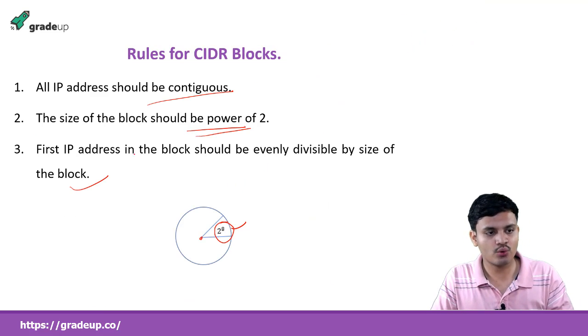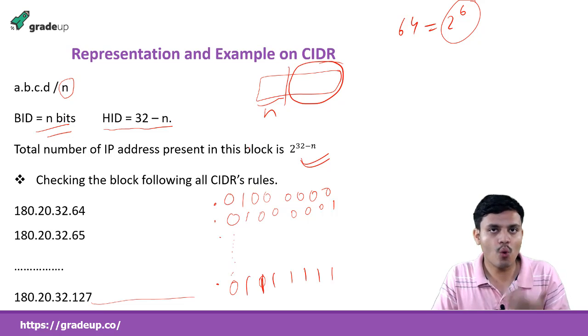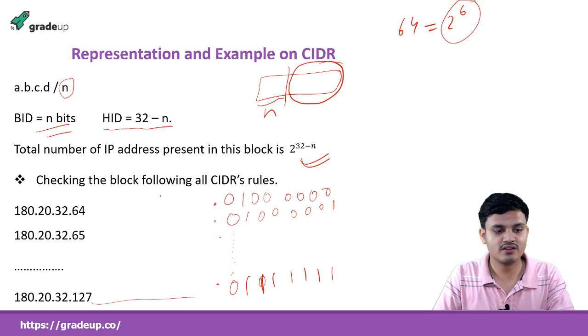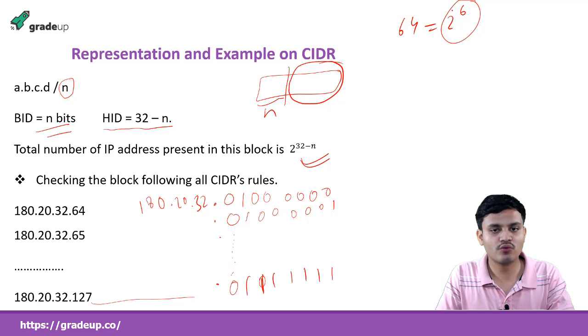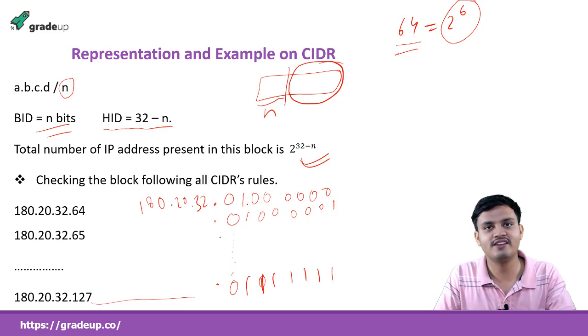What does the third rule say here? The first IP address in the block should be evenly divisible by the size of the block. What is it saying? It is saying that the first IP address, this one here, I am writing 120.20.32, should be divisible by the size of the block. The size of the block is 64. In binary, division by a power of 2 is very easy.